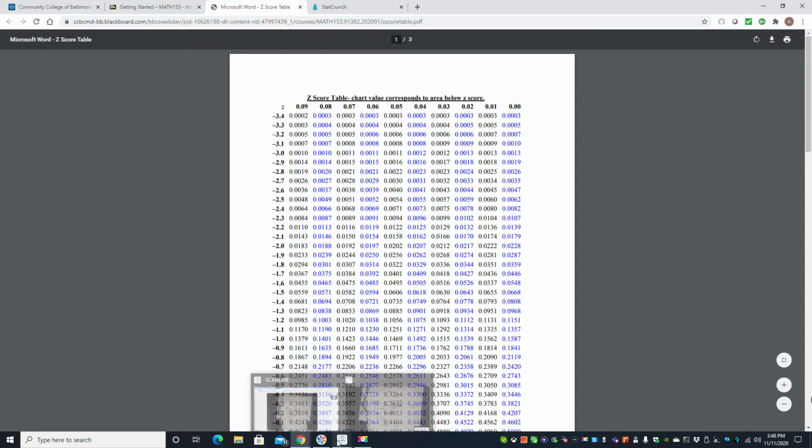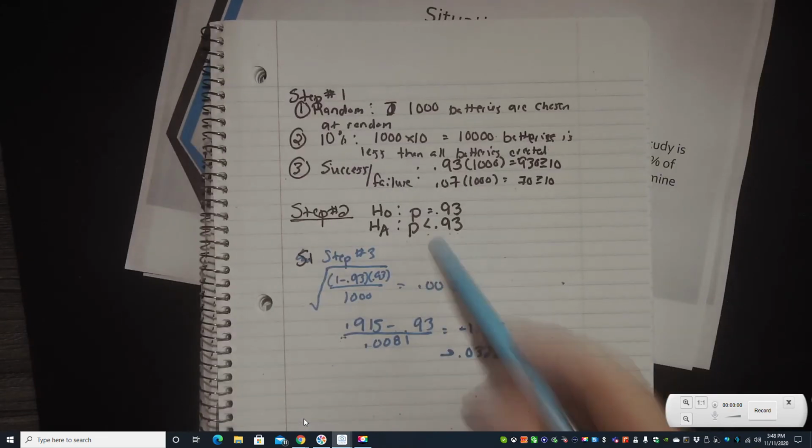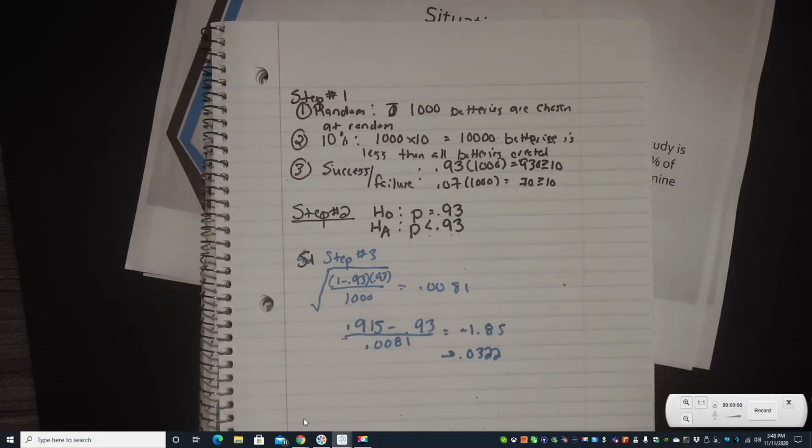Now here's where it gets interesting. The alternate hypothesis is less than, so I leave that alone. If this was still at 0.05, then we would be rejecting the null hypothesis.